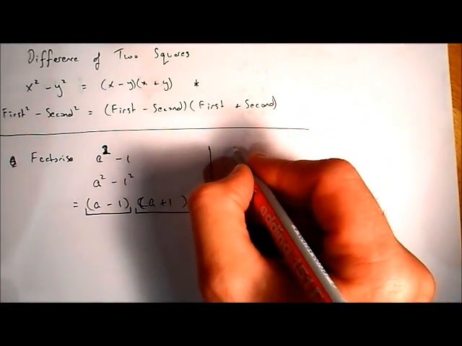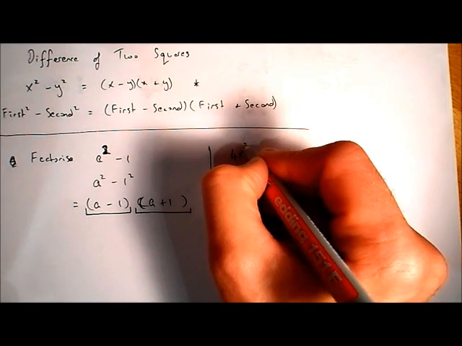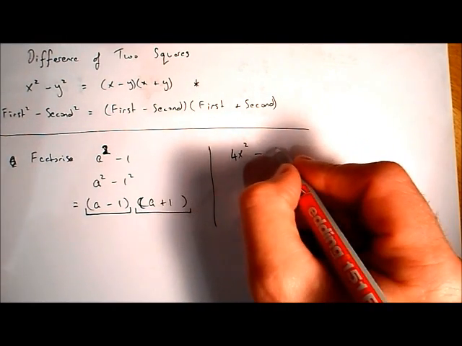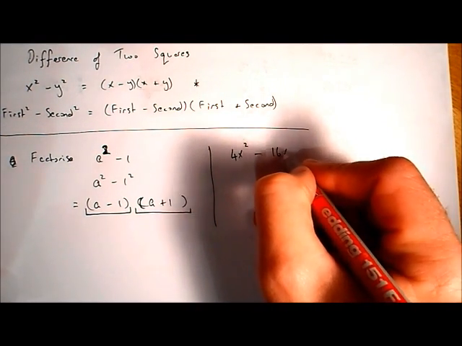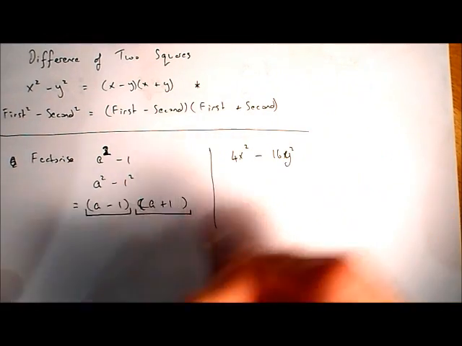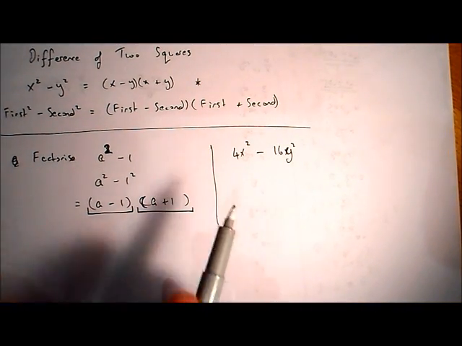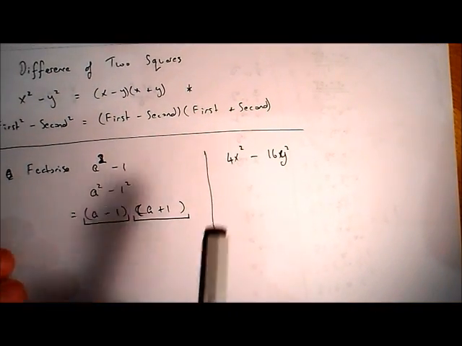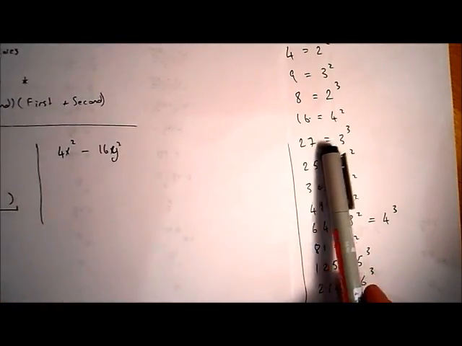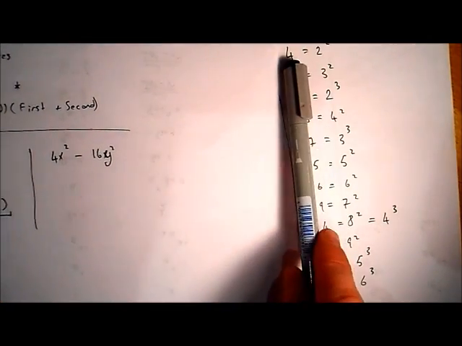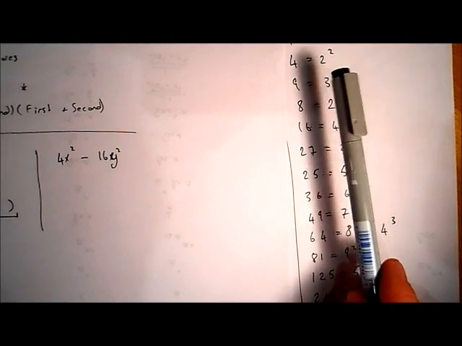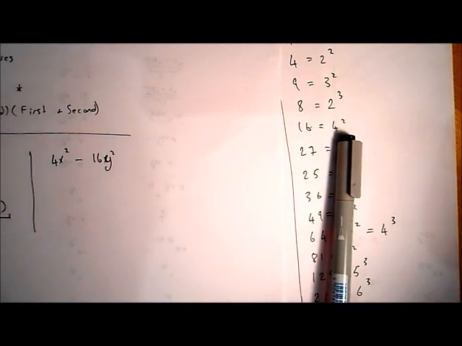Let's have a look at another example. Let's say we have 4x squared minus 16y squared. The first thing we've got to notice is these numbers. 4 is equal to 2 squared, and 16 is equal to 4 squared.